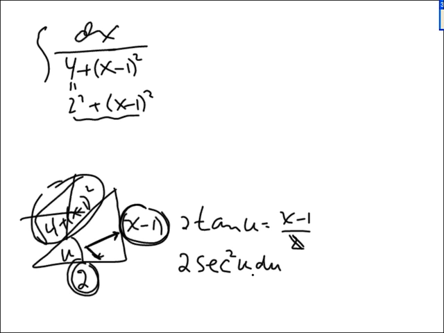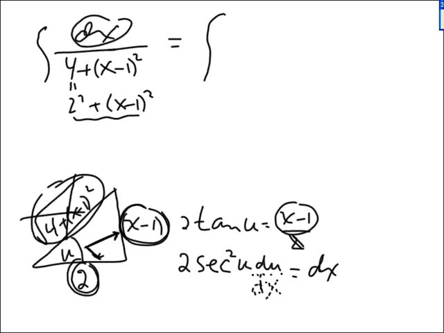Very similar to the derivative, except we do not put the dx on the bottom. We put it on the other side. The differential of x minus 1 is just 1 dx. Well, that's exactly what I have on top, dx. So I can call it 2 secant squared u du.